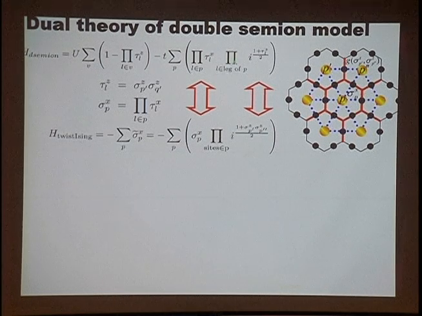Now you can see this model can be exactly mapped to this model. And this Hamiltonian indeed is the non-trivial, twisted Ising model I proposed at the very beginning. So far we know it's an interesting twisted Ising model, but how to prove it? There's no way to connect the ground state of this model to the trivial Ising model.